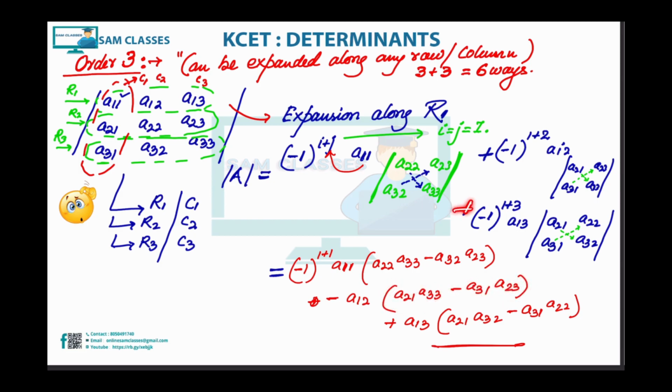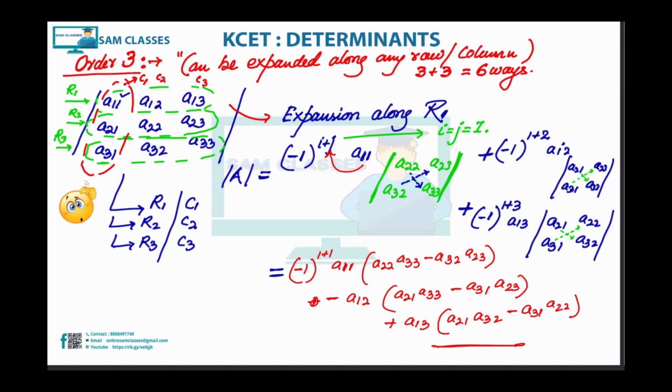Okay, and then coming to the third one, A13, leave that row, leave that column. So what are you getting? This part: A21, A22, A31, A32. Top to bottom, just multiply it and get the determinant value: A21 A32 minus A31 A22. Done. So once you're done with this, you'll be able to expand along row 1.